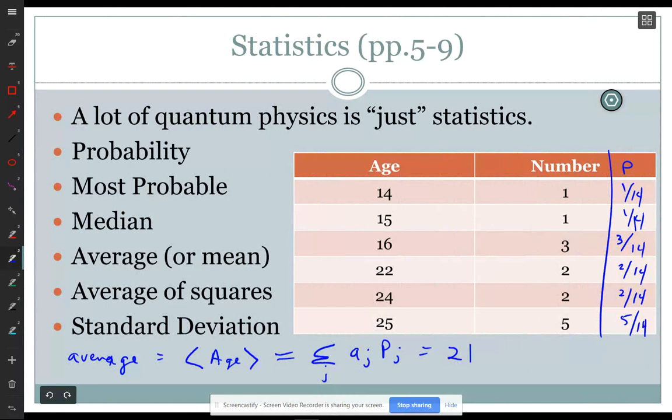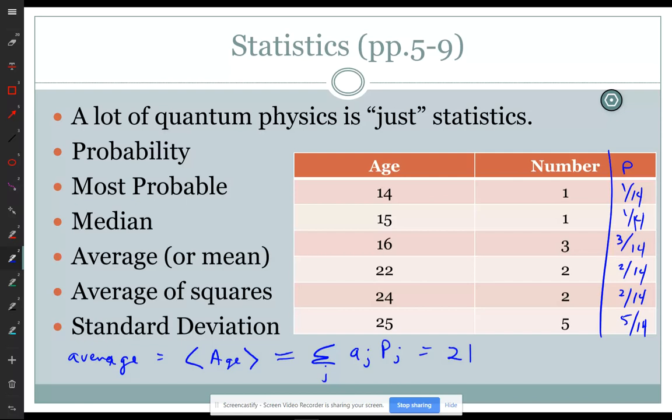Because that brings us to the last thing here, the standard deviation. The textbook goes through a good explanation of why we use this. You can have two distributions. If you look at your textbook, here's a graph showing the distribution that we've been working with.